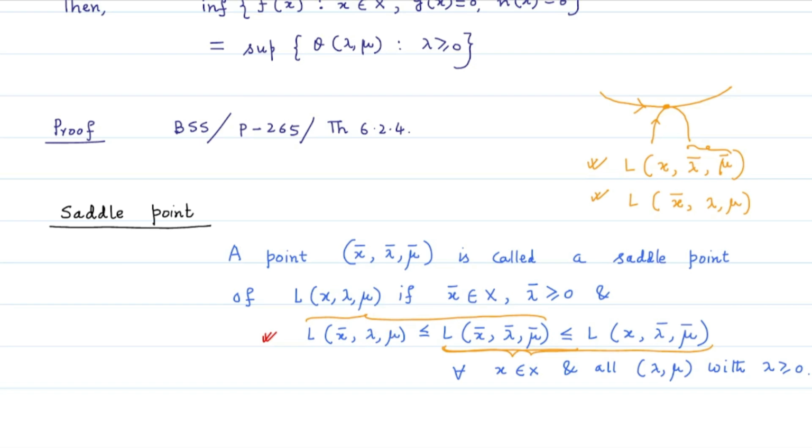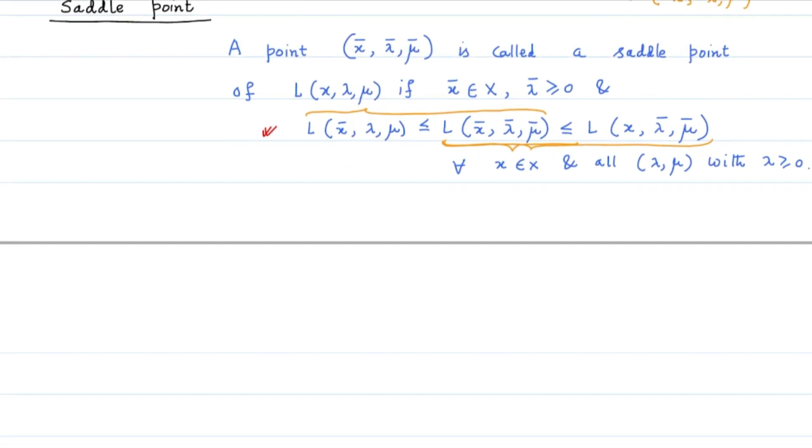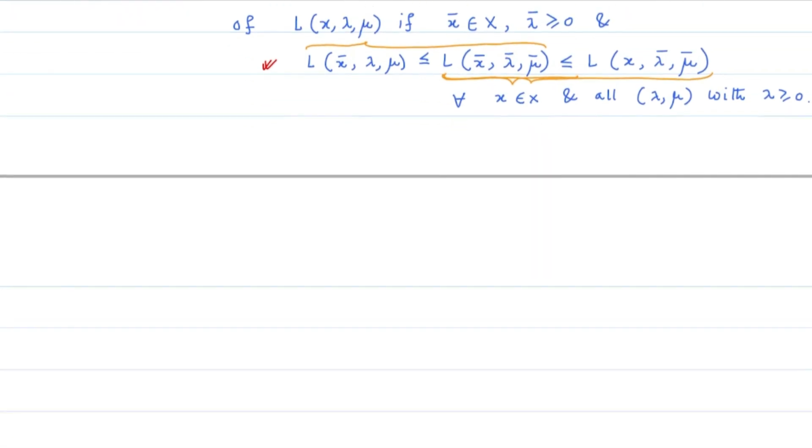The next result on strong duality is on existence of a saddle point for a given constrained optimization problem, irrespective of whether or not it is a convex optimization problem. The strong duality result for a general constrained optimization problem is as follows.